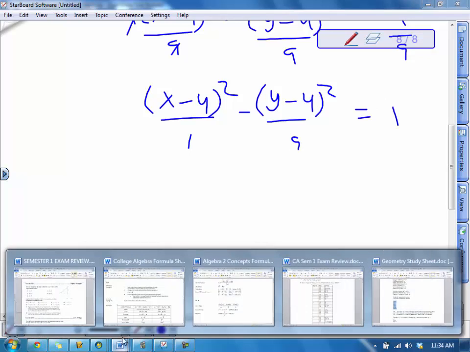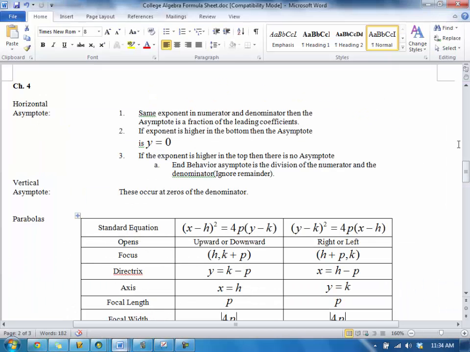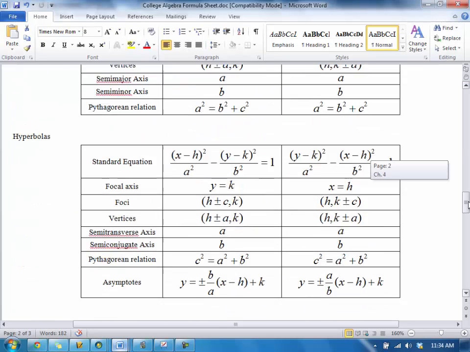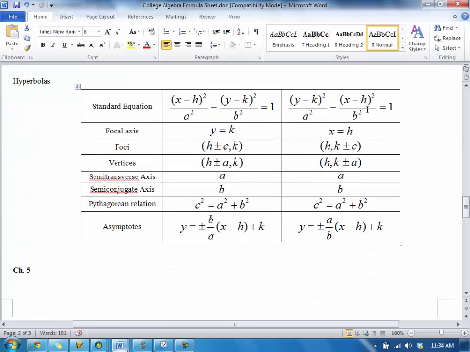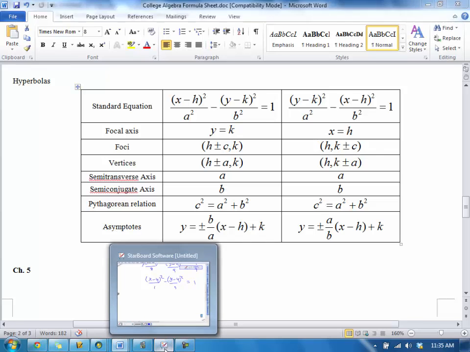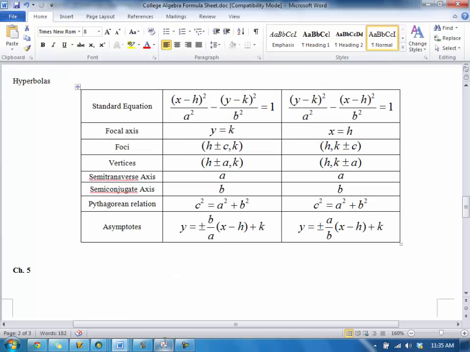You can compare it to your formula sheet, and you can see that for hyperbolas right here, our x comes first, and then our y, right? Yeah, our x comes first, and then our y. So the focal axis is a horizontal line. This is a horizontal hyperbola.